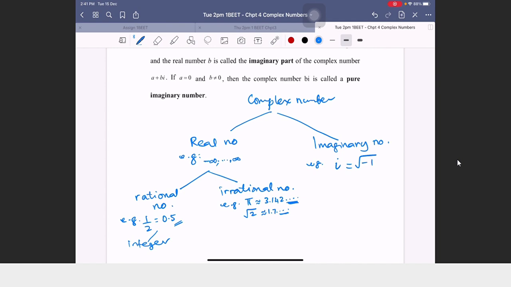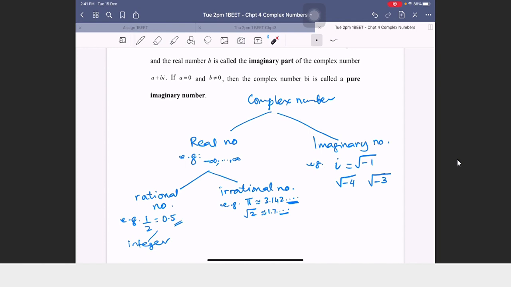So you may have the square root of -1, or the square root of -4, or the square root of any negative number. This complex number completes the whole number system in mathematics. So the complex number consists of the real number as well as the imaginary number.